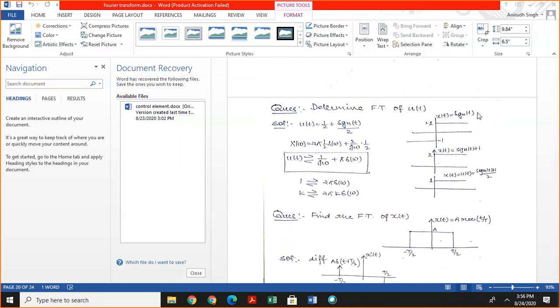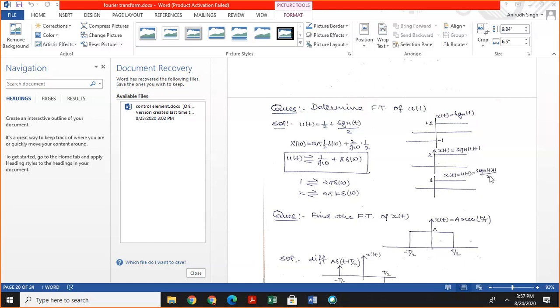If we add 1 to signum t, minus 1 plus 1 is 0 and 1 plus 1 is 2. It means that if we add 1 to signum t, we get this signal, and if we divide this by 2, we get the unity step. So we can say that x of t equals u of t, which is equal to signum t plus 1 divided by 2.